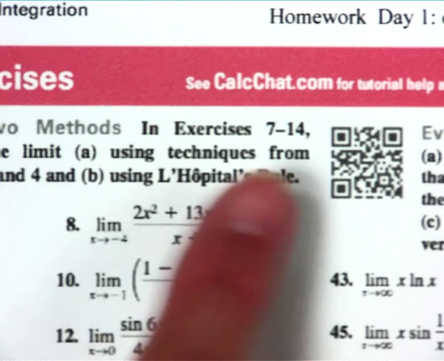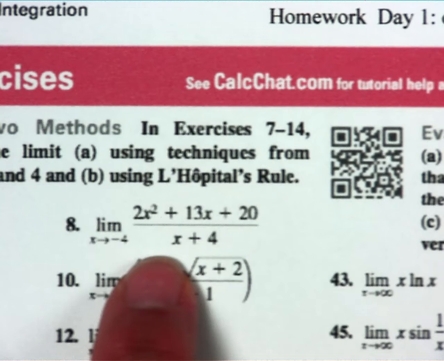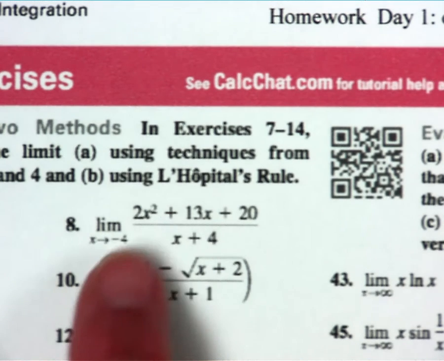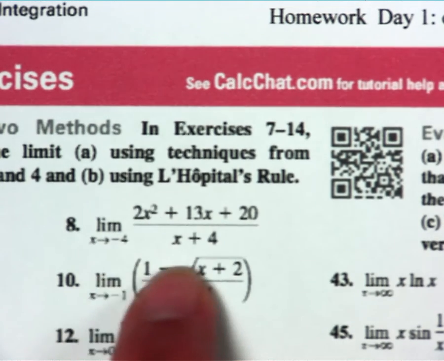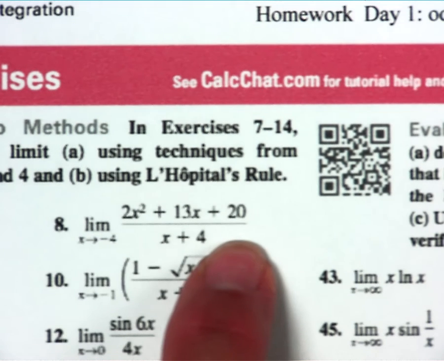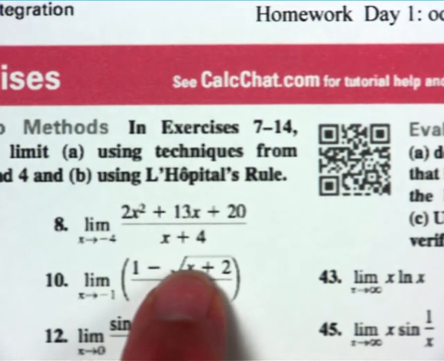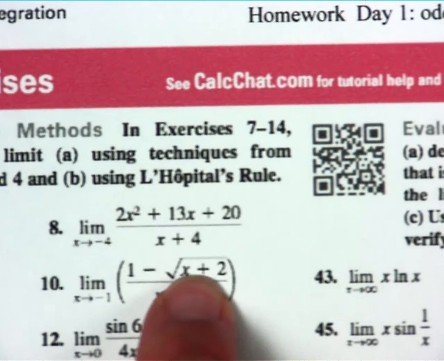So the directions for 1 through 13 say, do this like you would have done it in 2.3, and then do it with L'Hopital's rule to show you get the same answer, and L'Hopital's rule actually works. Now, what we would have done in 2.3 is we would have factored the numerator, and the x plus 4s would cancel, and then we could evaluate it by direct substitution.